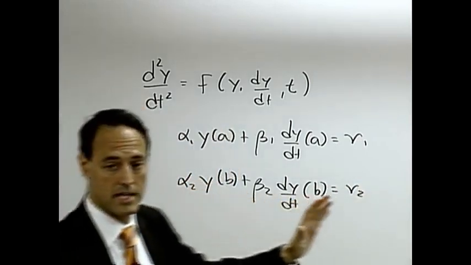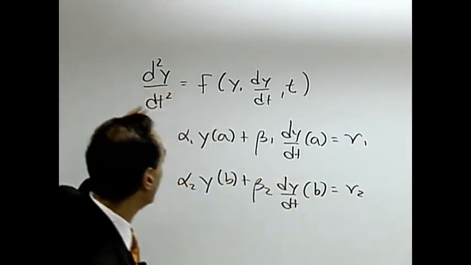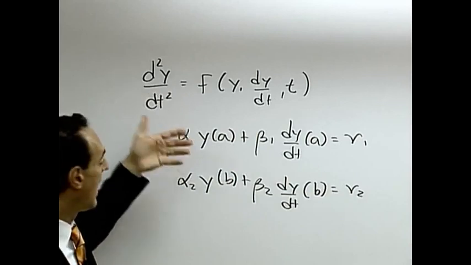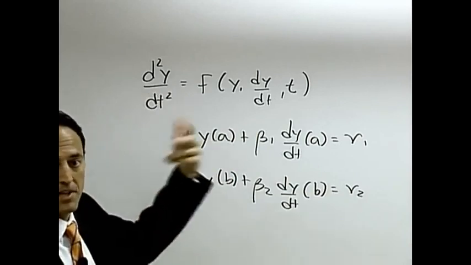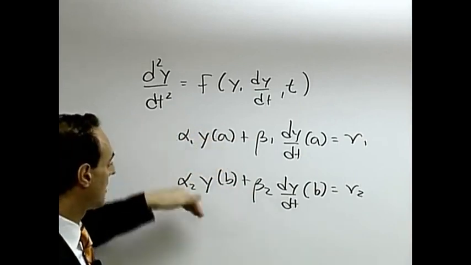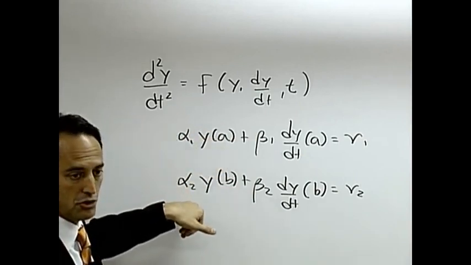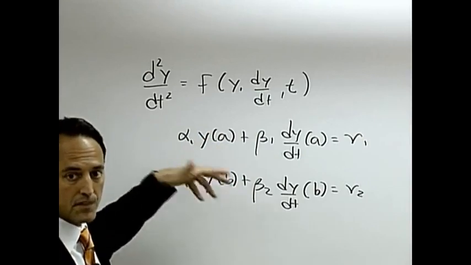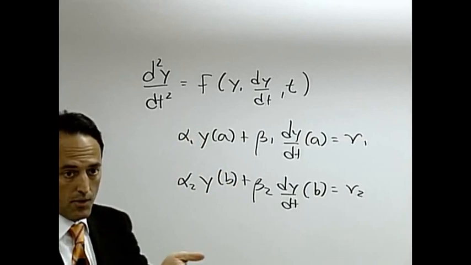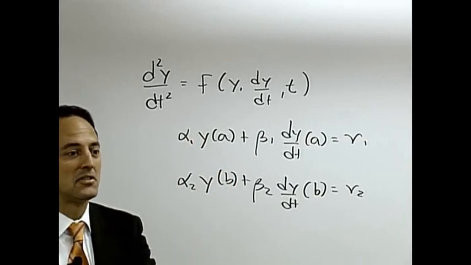And what we talked about is how to solve this by launching from here. You have this condition, plus you make up another one, with the purpose of trying to hit this condition. That's the shooting method. And then you iterate and get the solution to converge. We successfully demonstrated that in class.